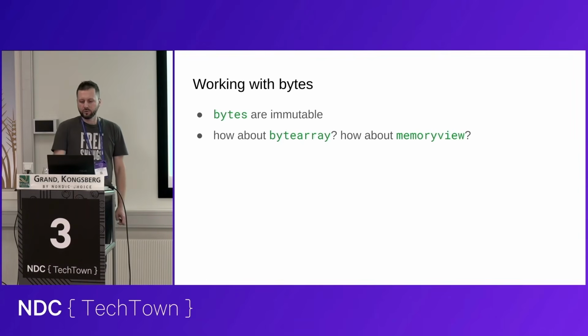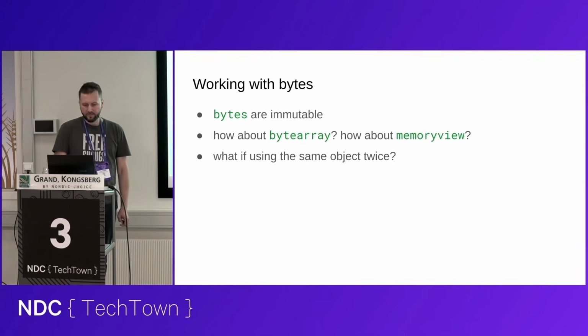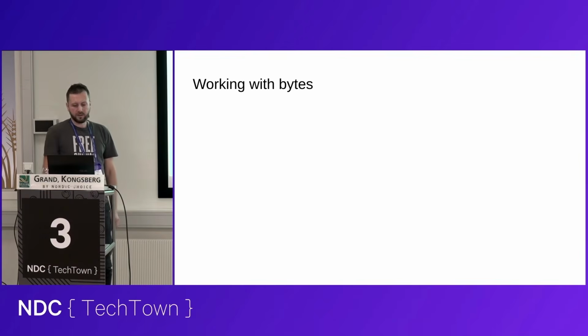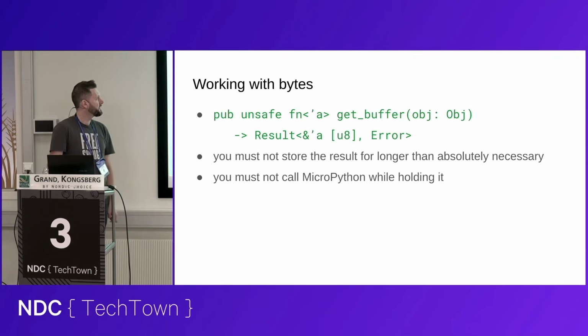So we don't want to do that. And of course, we still have the problem of a function with 2 arguments where both of them are the same buffer, or 2 functions in sequence where you get buffer 1, buffer 2, but you stored the previous one. So that's unfortunate, and as a result, we are unable to make a safe API in this case.